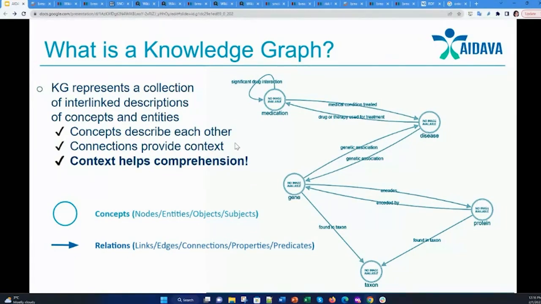And we use also relations or connections, which are represented by arrows, which represent the context in which these concepts are related. In this example, we have medication and disease, gene, proteins, and we have here that diseases and genes have genetic associations.